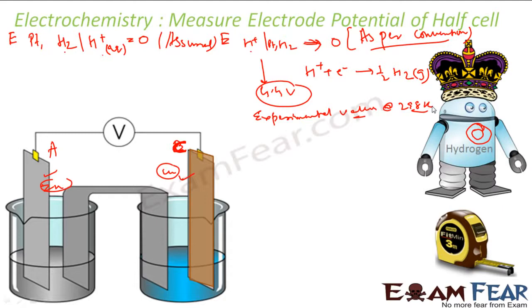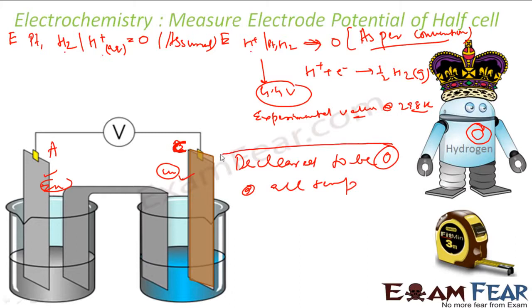But just for the basis of comparison, hydrogen potential is declared to be 0 at all temperatures. Please note, it is declared to be 0 at all temperatures. But actually, it is not the case.